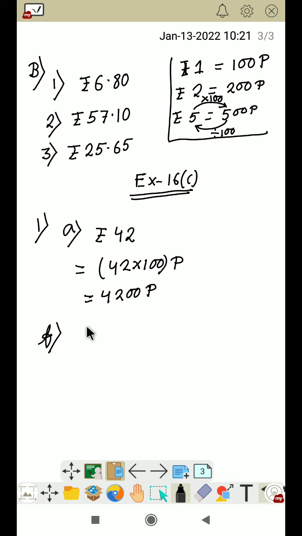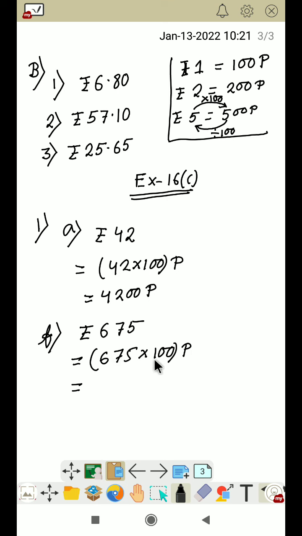Okay. Now let's see another example. Question number F is given here: 675 rupees. Now convert this into paise. So multiply by 100, and remember one thing, whenever you are multiplying by 100, you have to put the paise sign here. Now you have to multiply 675 into 100.